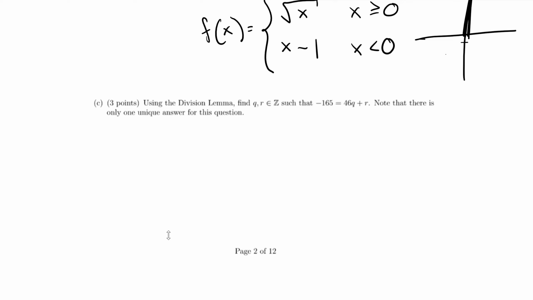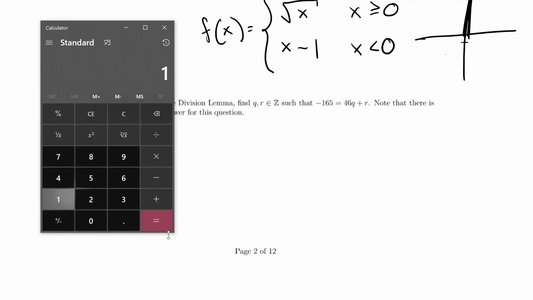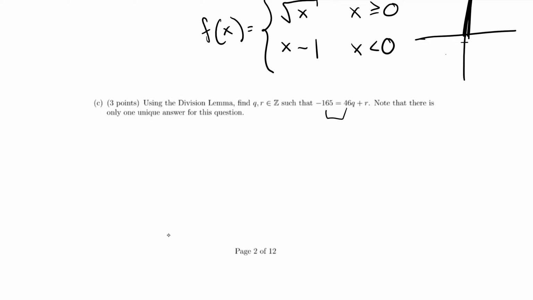Okay, so let's pull up our handy dandy calculator because I'm feeling a little tired. Divided by 46. So 46 goes into 165 3 times, but notice how it's going to be negative. We would be tempted to say, let q be negative 3, but then who is r going to be? Remember, r has to be less than 46, but also it has to be bigger than 0.